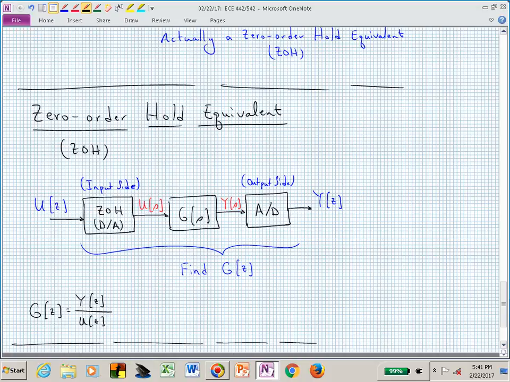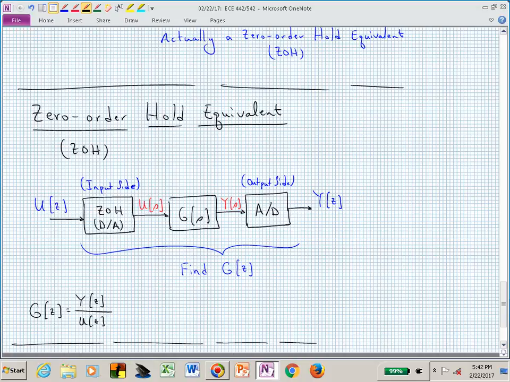So now coming into the input side is just a sequence of numbers, and it's in the frequency domain. Now we've Z-transformed those, but that could be little u of n. Now it's just this sequence of numbers that you're applying to your plant. Your zero-order hold will hold those in between each sample period, and that's going to drive your system.